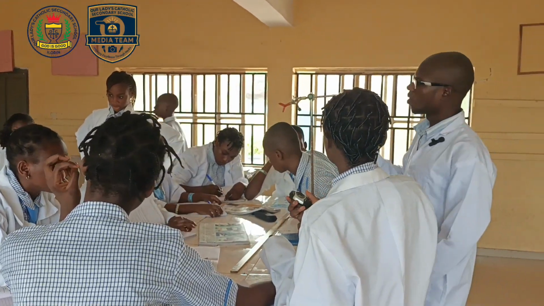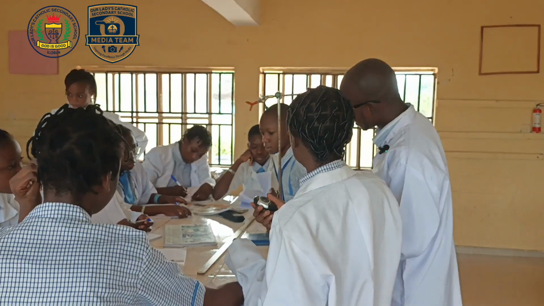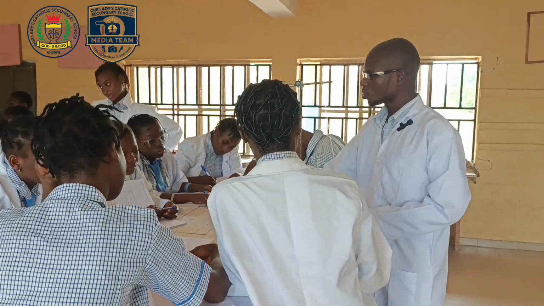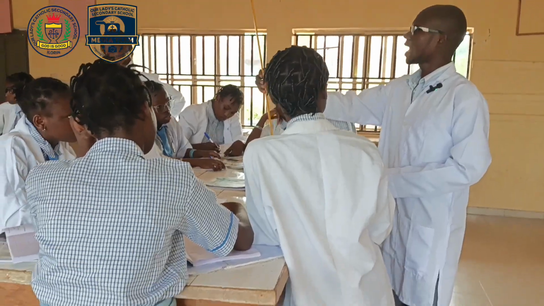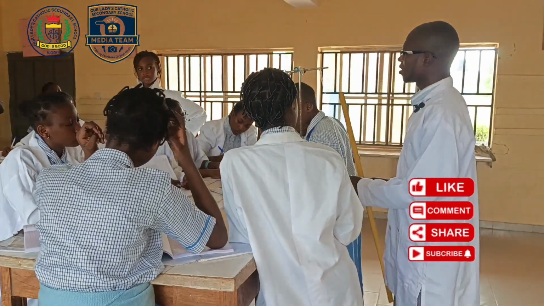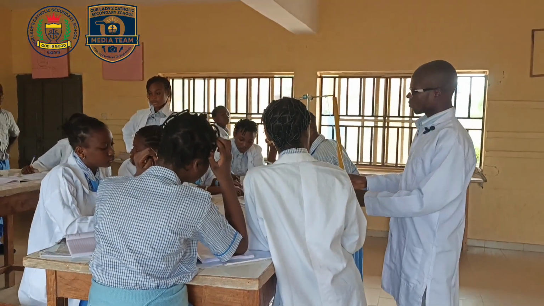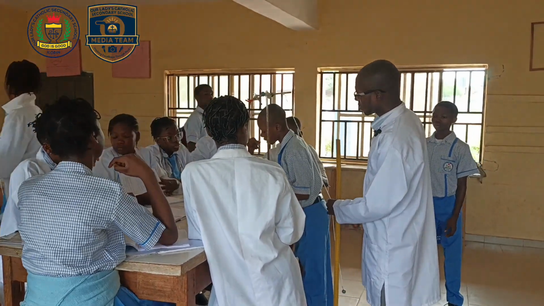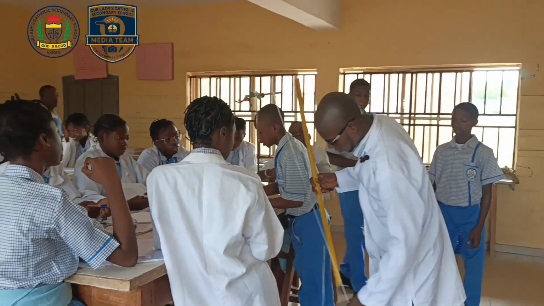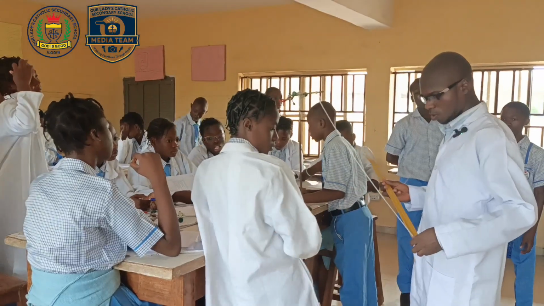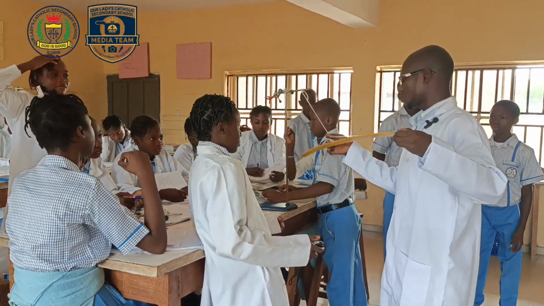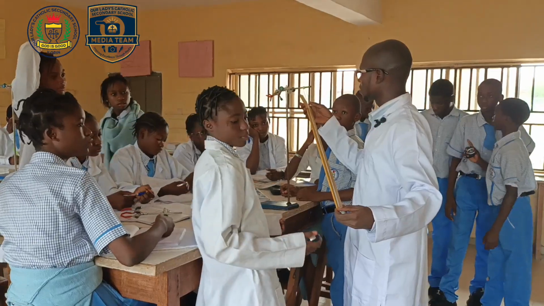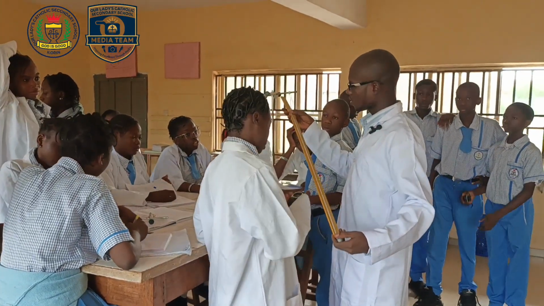After you do it for 100, you will now reduce the length to 80. So you use your meter rule to measure and reduce it to 80.